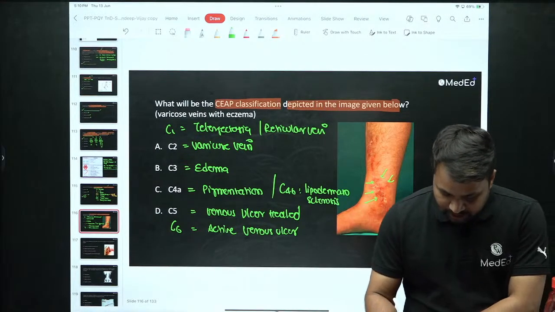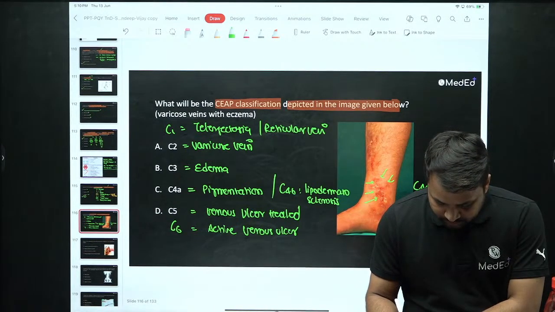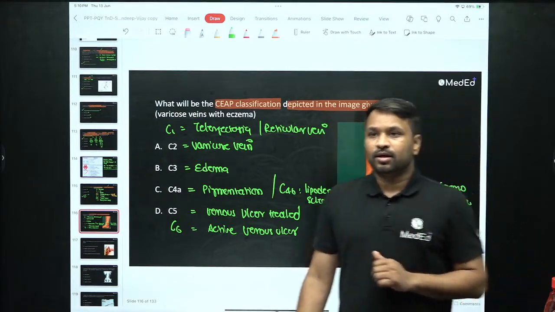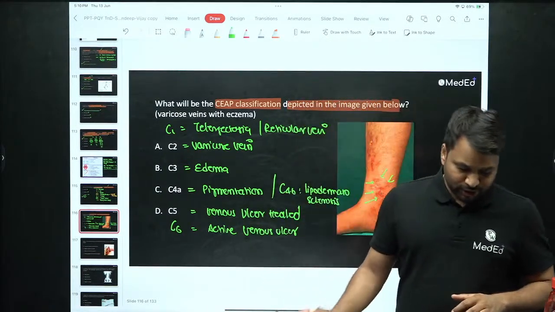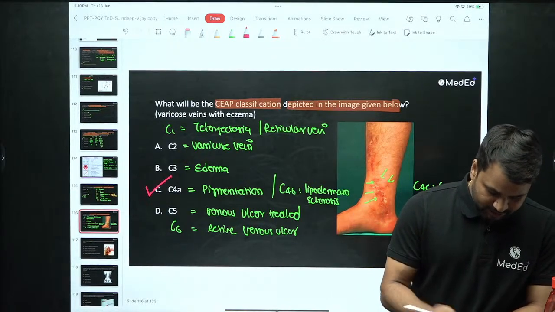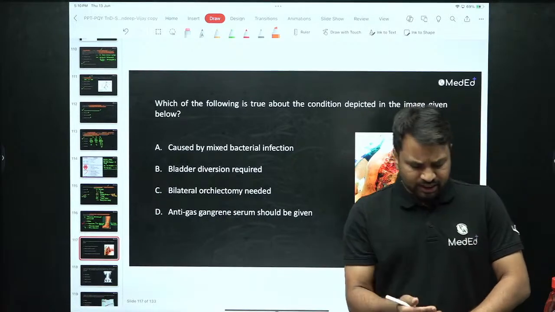And the last one, C4c, is corona phlebectatica. Okay. So these are the components with respect to this. Here we have a patient with pigmentation, it is C4a. Right. This is a question that we discussed in the first half.